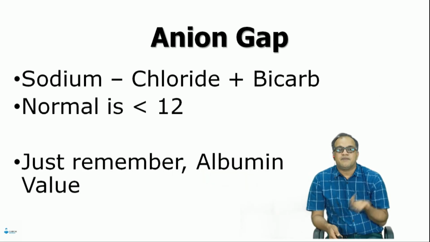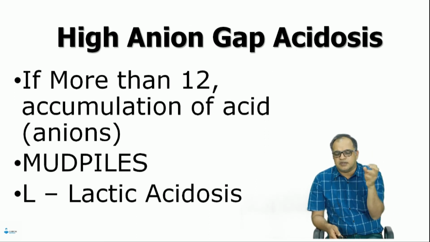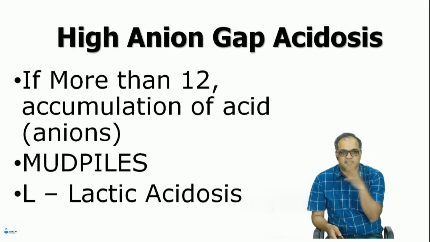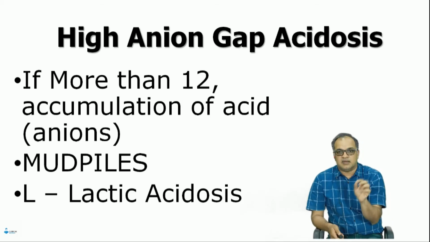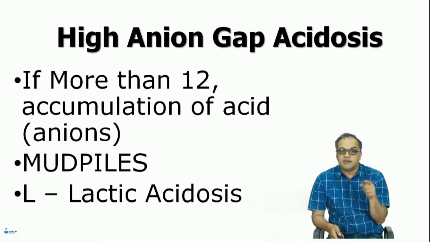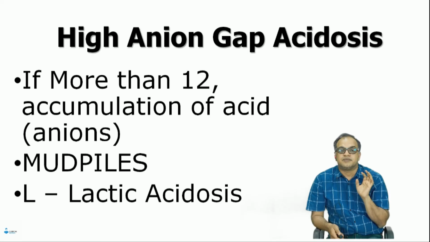The causes are, again, mud piles, that is a lot of, I mean, you can find it on internet, a lot of toxins, uremia and all those things, hippuric acid and everything. Most important is lactic acidosis, that is intrinsic acid. Again, diabetic ketoacids add to metabolic acidosis, and all these are high anion gap acidosis.